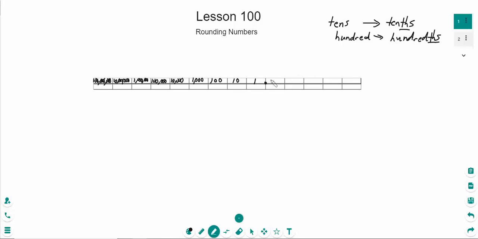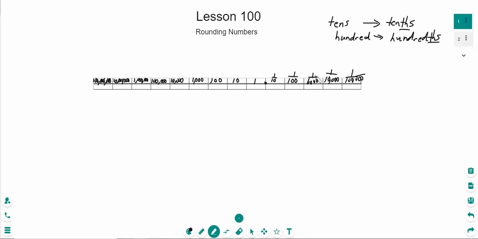So this would be our tenths house. Otherwise, if we want to write it as a fraction, it would be the 1/10ths house. Okay? The next house would be the 1/100ths house and the 1/1000ths house. And at this point, everything is exactly similar to the other side, except for it's a fraction. So we have now the 1 over the 10,000ths house, and then the 1 over the 100,000ths house, right? So this would just continue.